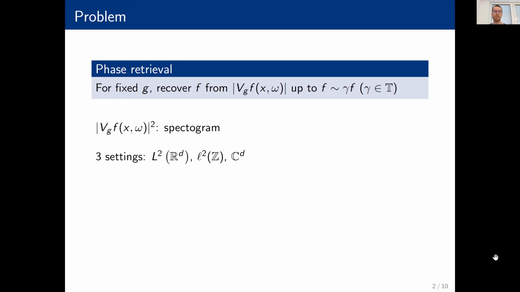And then, of course, from a more computational standpoint, we should go ahead and maybe discretize these signals, and we can consider little L2 sequences f and g on Z. And if this is not enough, then we might also go to a finite dimensional setting where f and g are just vectors in C^d.